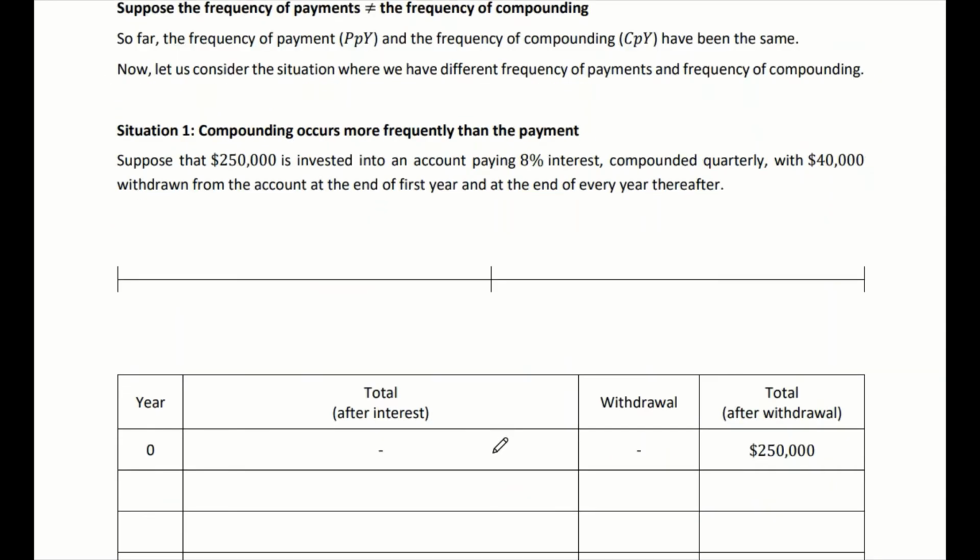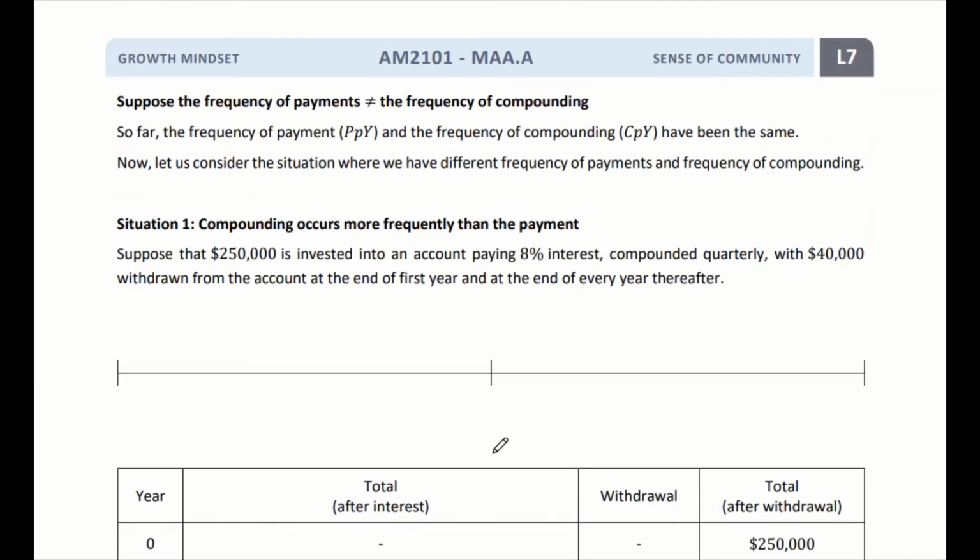Okay, situation one. When we say that the CPY and PPY are not the same, it means we will have two different situations. The first situation that we are looking at is where our CPY is greater than our PPY. So you can see that the interest compounding occurs more frequently compared to the payment made.